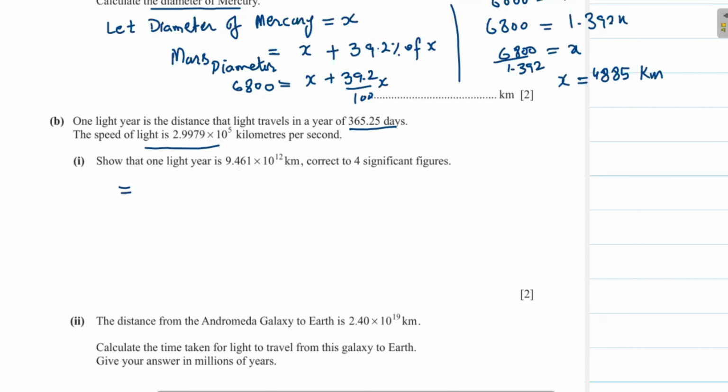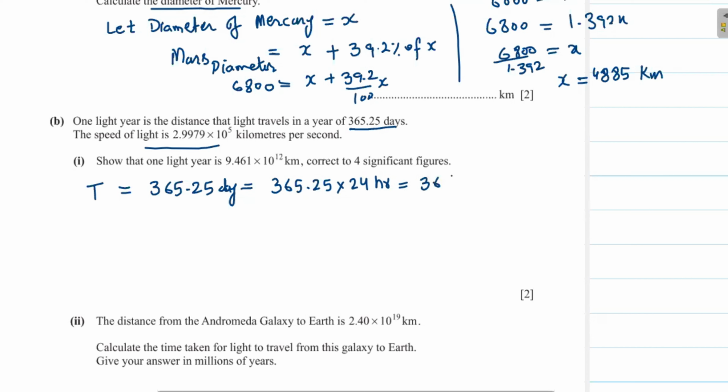You see here the time of 1 light year, that's equal to 365.25 days, and we convert into hours by multiplying by 24, and after this we convert into seconds.